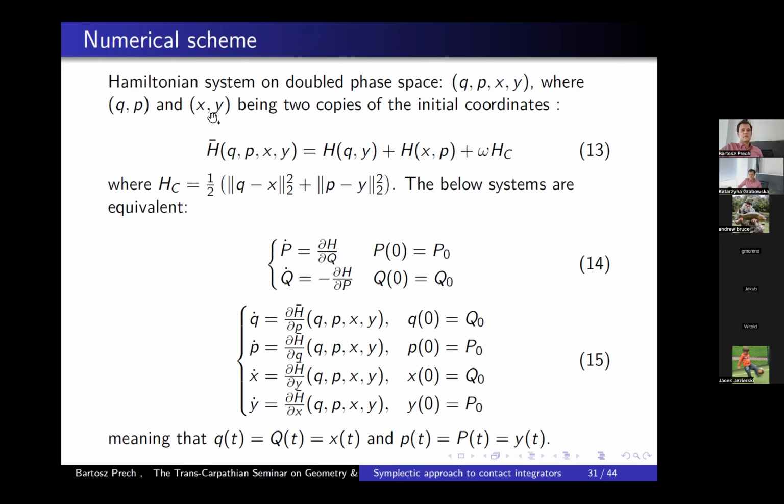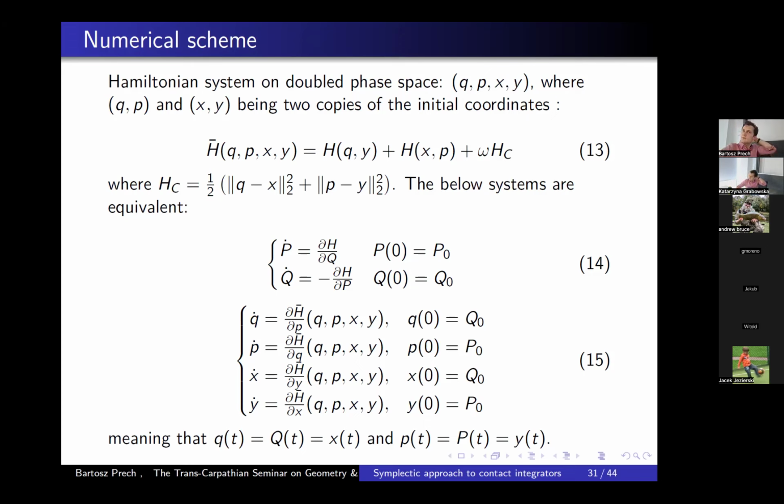which first of all involves mixing of the original Hamiltonian. So the coordinates in the phase space are mixed properly in equation 13, and there is this omega term. H_C is sort of an artificial term to keep the solutions close, and omega measures their binding.